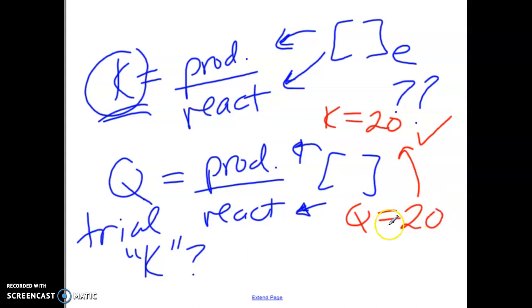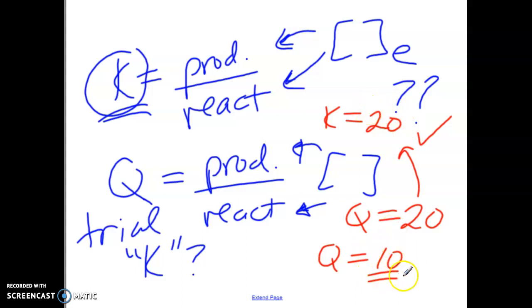But if you have a value that's off from K, right? So let's say I have a Q of 10. That tells me this is not at equilibrium because equilibrium would have to be equal to whatever the K value is.